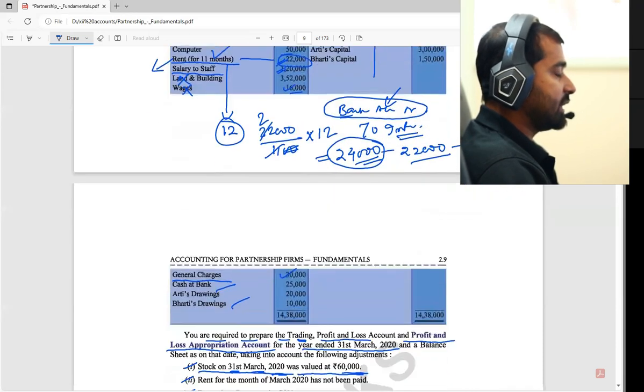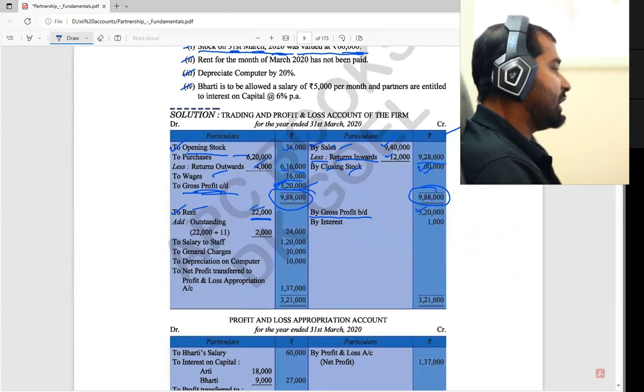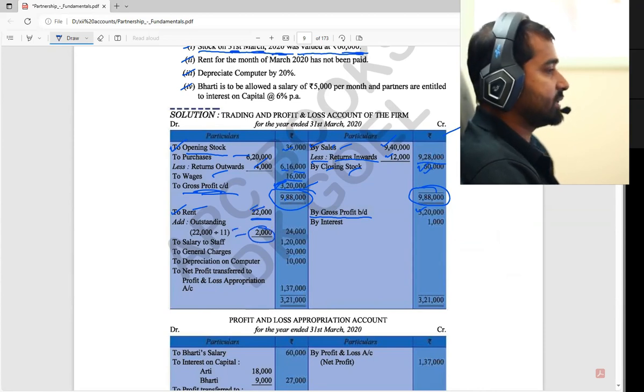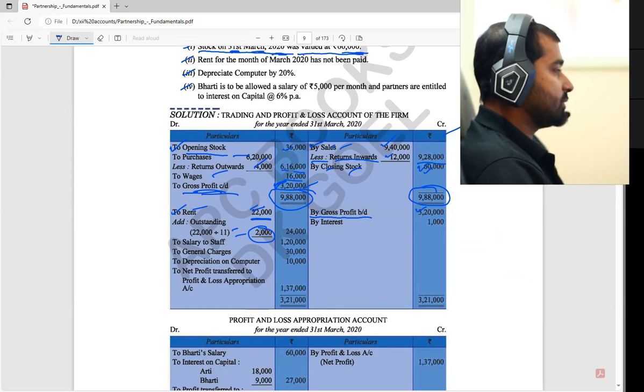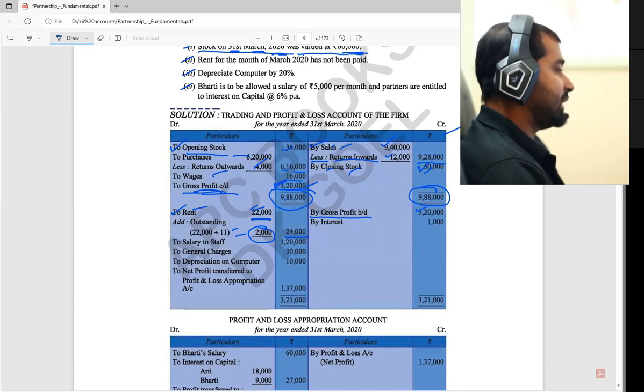So now we are seeing the profit and loss account. Now see this one, rent 22,000 and outstanding rent actually we have calculated, that is 2,000 rupees, right? So now 22,000 plus 2,000, that is 24,000. Now next one is what?